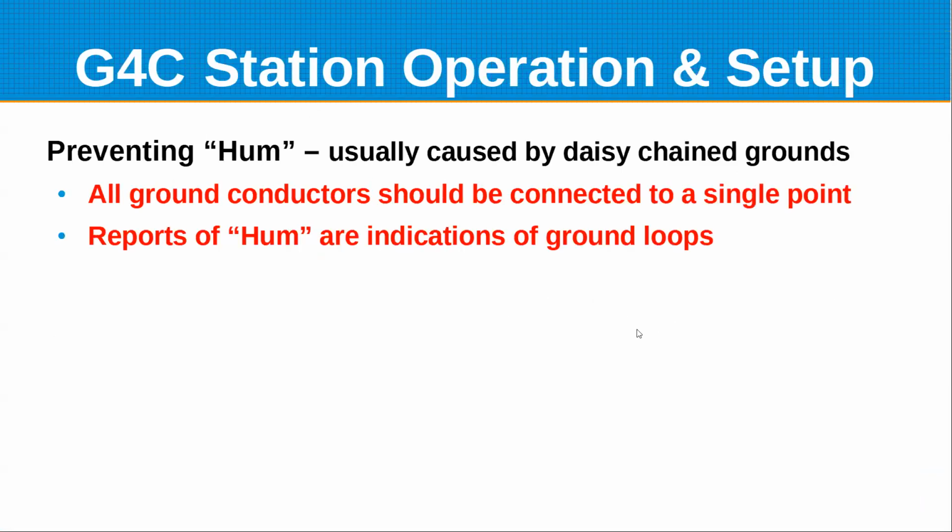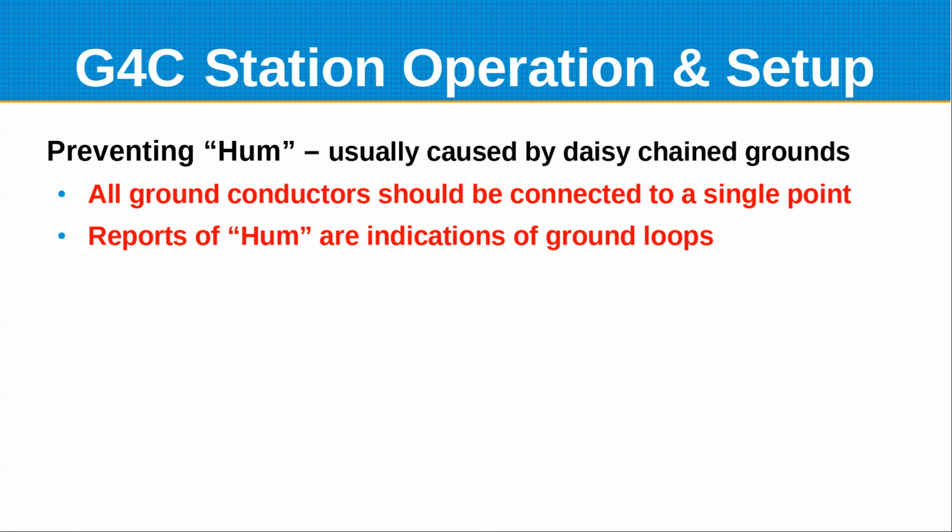Preventing hum. Usually, this is what we call ground loops, where you have multiple ground paths and different potential at different ends. So you get current flowing through these loops, which can generate hum because it's usually 60 cycle currents running around. One of the main things to reduce it is to connect everything to a single point ground.